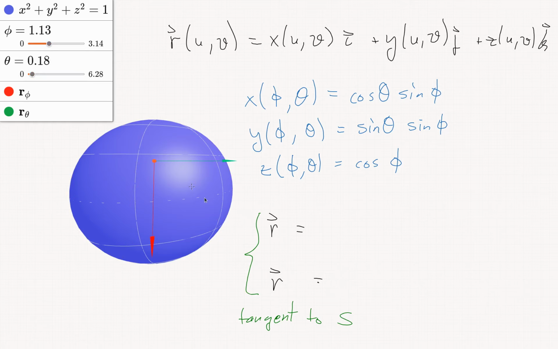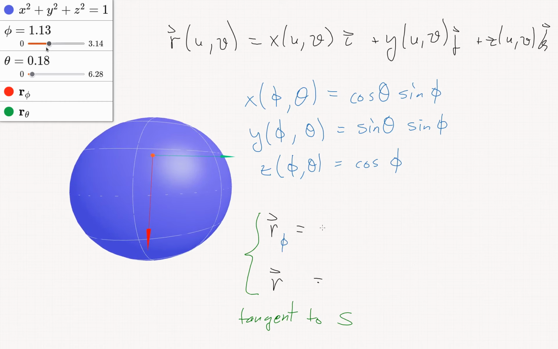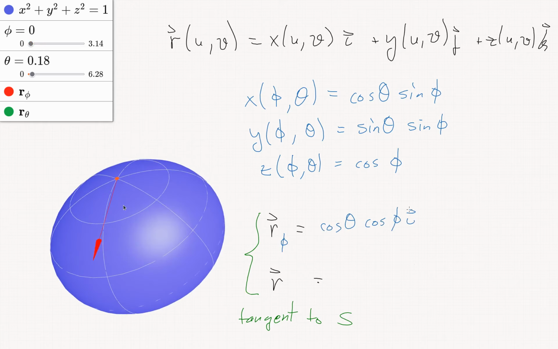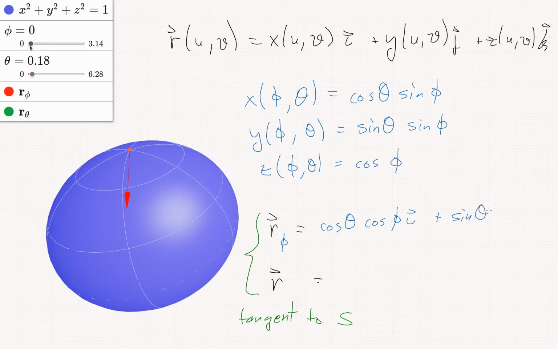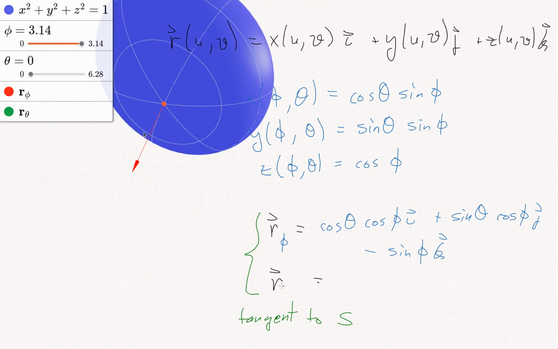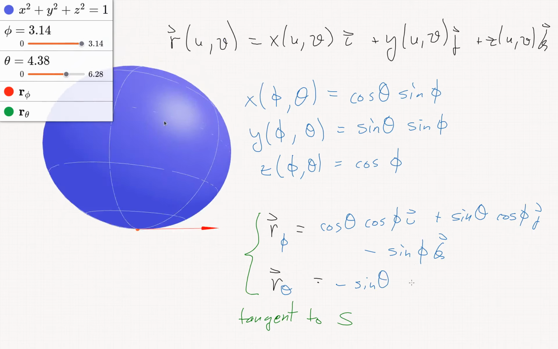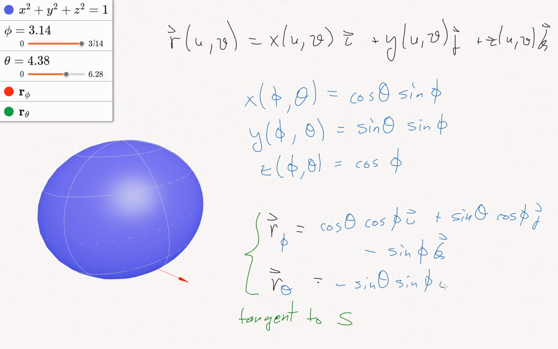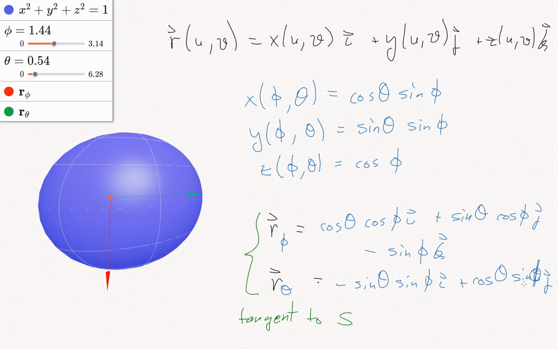R sub phi will be cos theta cos phi i plus sine theta cos phi j minus sine phi k, and R sub theta will be negative sine theta sine phi i plus cos theta sine phi j, and then no k component.